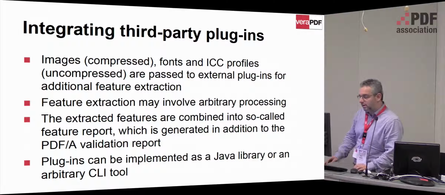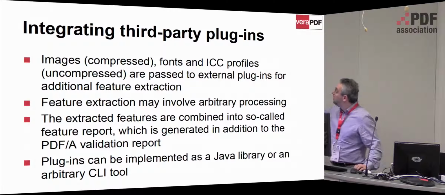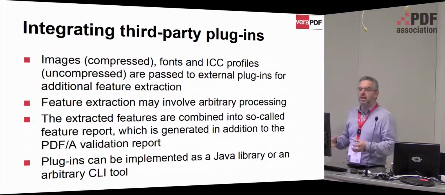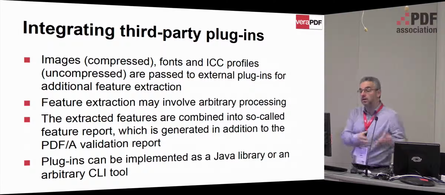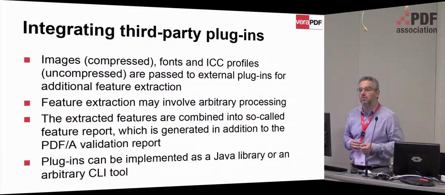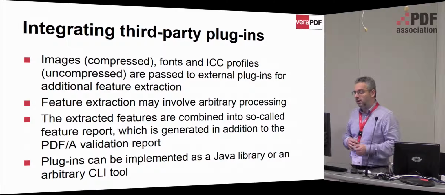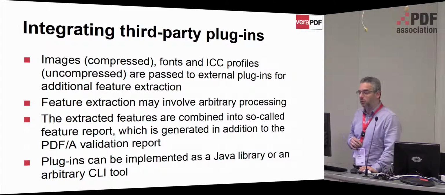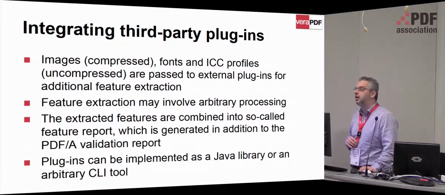That's what I just described. So what we do is extract foreign formats sitting inside PDF, pack them along with the data in PDF dictionaries, zip, and pass them to third-party applications for further inspection. These third-party applications may do whatever they want and report whatever features or strange properties they found.